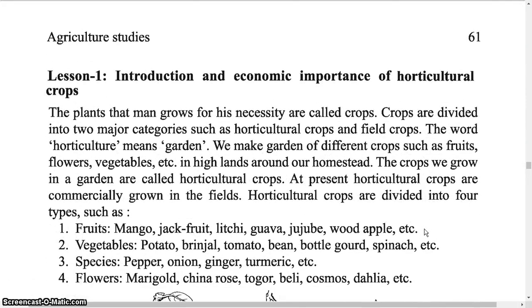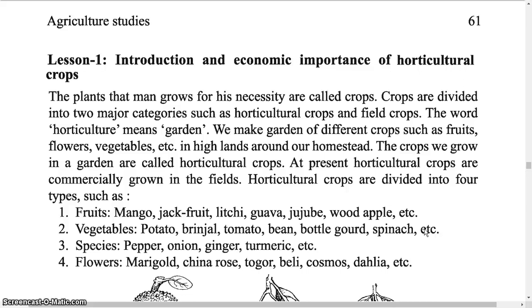Now I am going to start my main topic, that means lesson 1, introduction and economic importance of horticultural crops. What are horticultural crops? Horticultural crops are the crops that are grown under a fence and that are individually nourished or cared for.